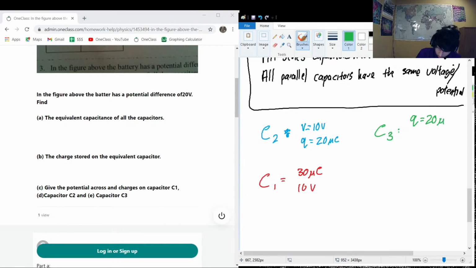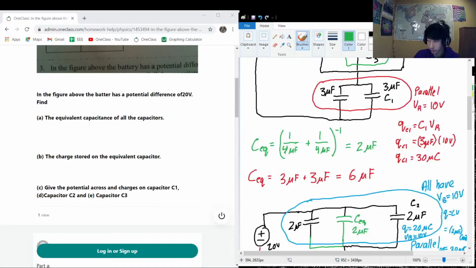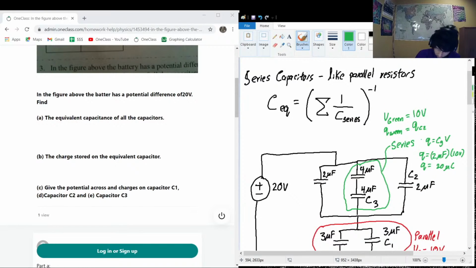It's 20 microcoulombs, but the V value is going to be different. Okay, so we know here that Q over C is equal to V. We're looking for the voltage just on C3, right? And we have two things in parallel, in series.